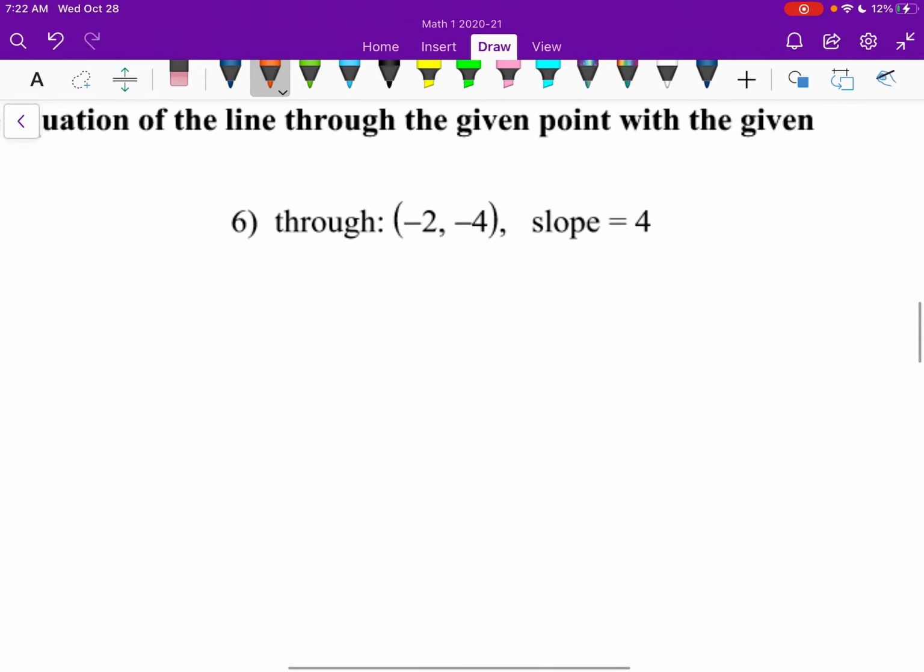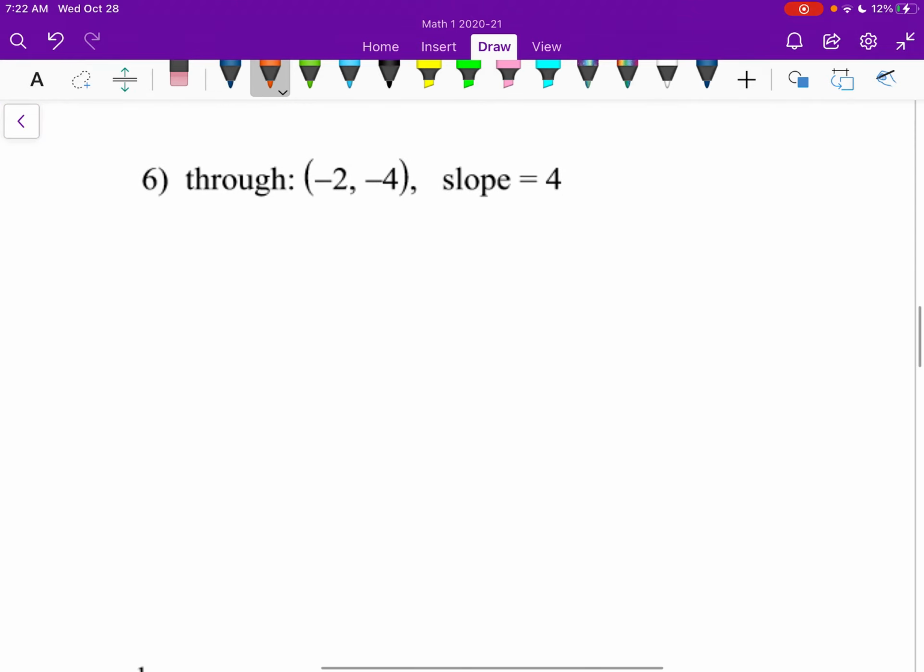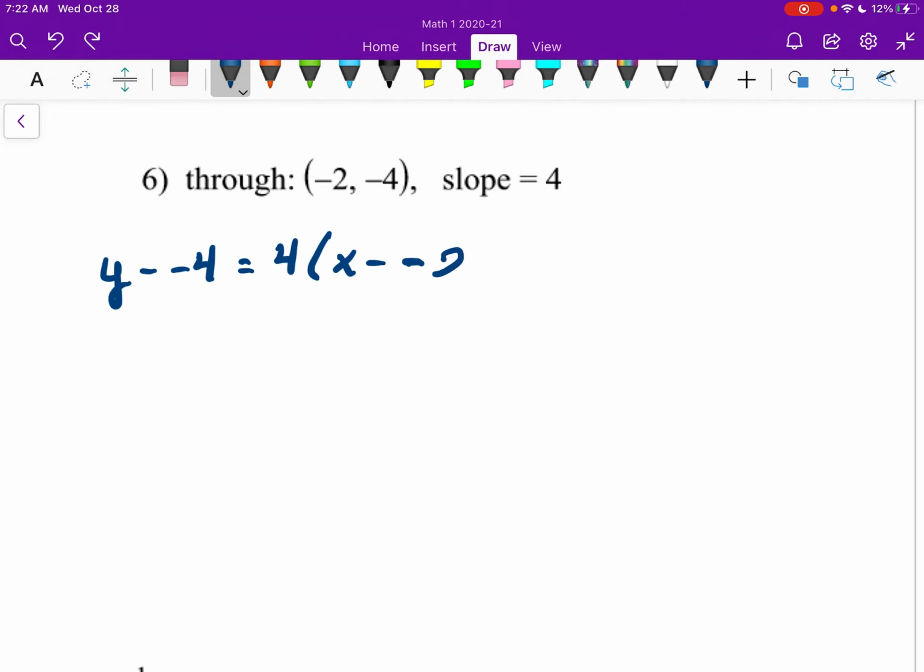All right, number 6. Again, I'm going to approach it the same way. I'm going to put it in point-slope form. So I'm going to have y minus negative 4 equals 4 times the quantity x minus negative 2. Right. Now, the reason that I have these double negatives here, I know I've talked about it before, but again, this negative is in the formula, and this is right there.